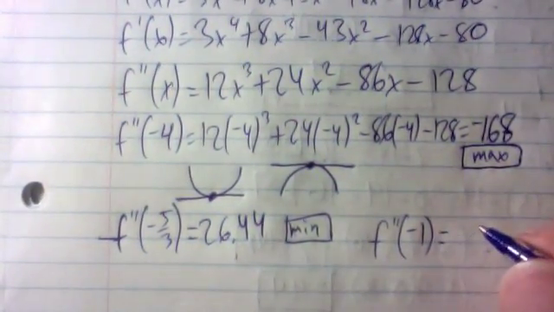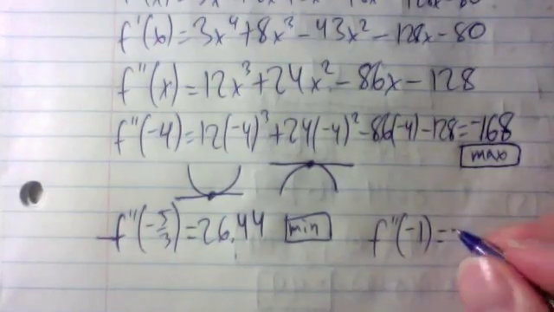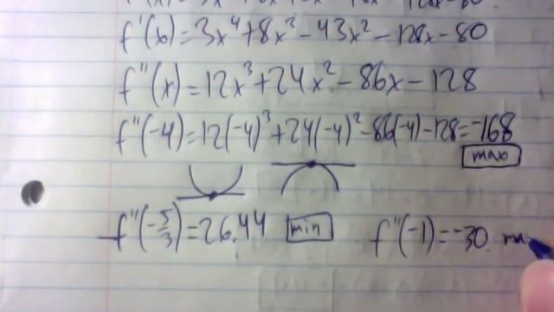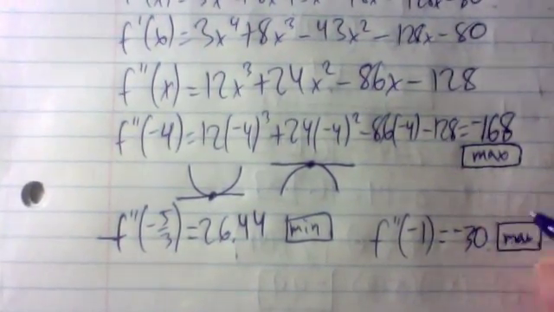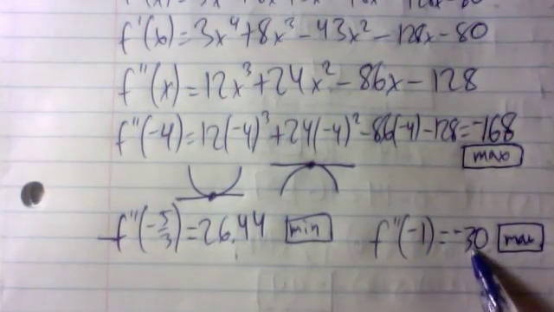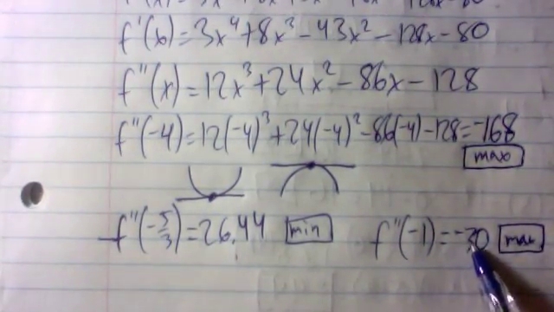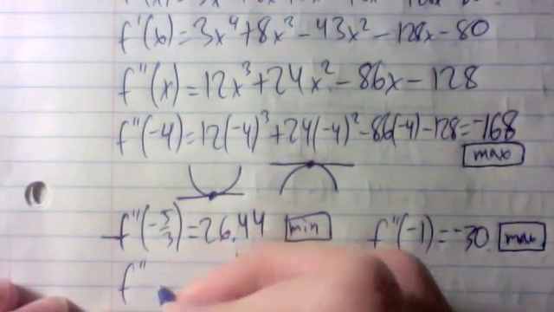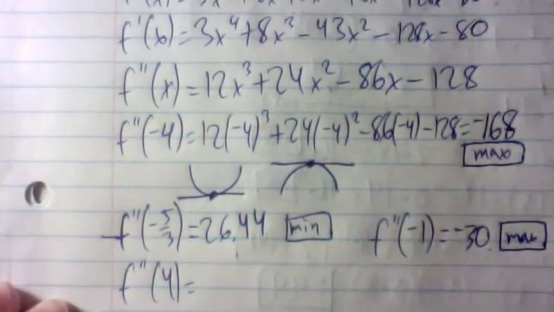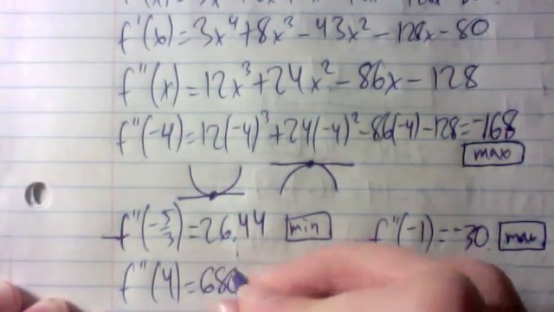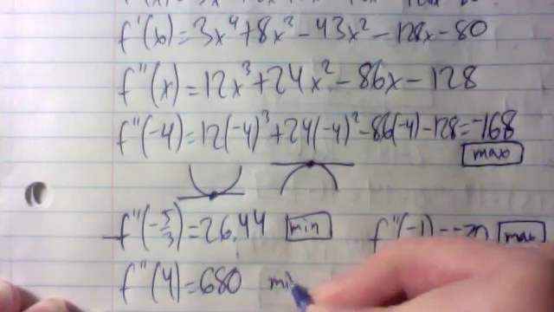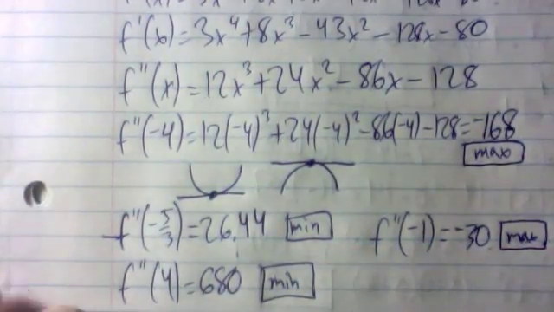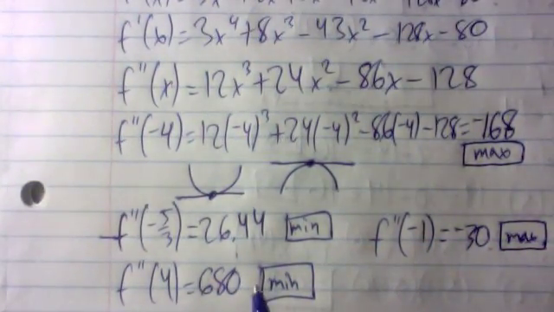That's going to be equal to -30, which is a maximum. Because it is a negative second derivative, it's concave down, it's going to be another max. And then finally, f double prime of 4 is equal to 680, another local minimum because of the positive second derivative.